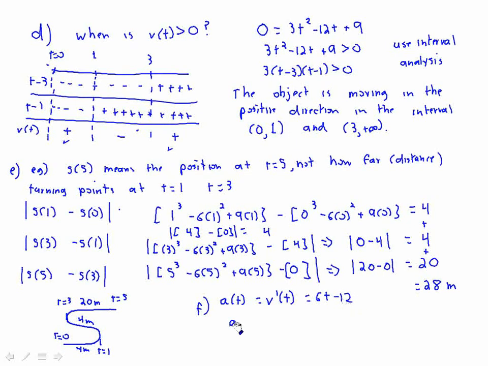So therefore a at 2 is equal to 6 times 2 minus 12. So it's equal to 0 meters per second squared. So the acceleration is 0 meters per second squared at t is equal to 2.